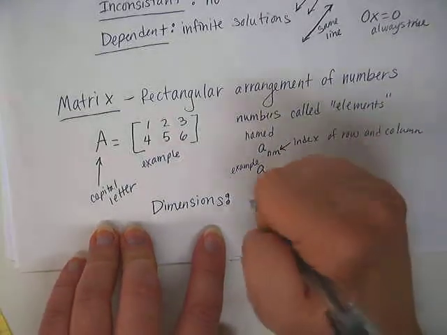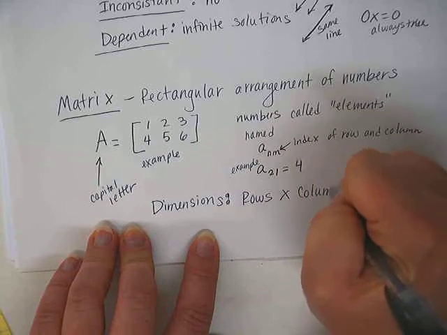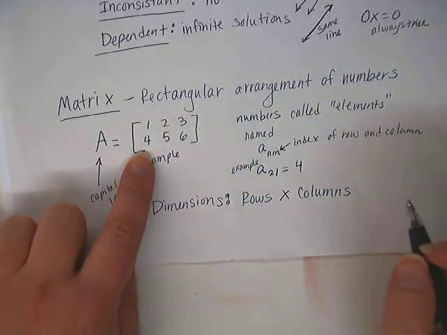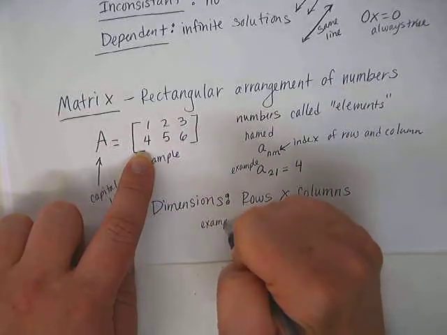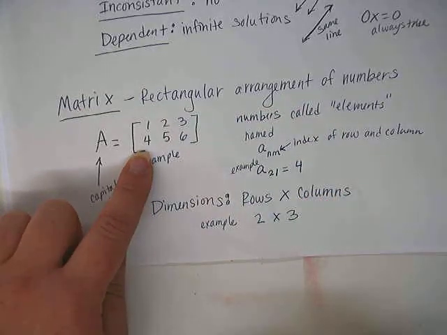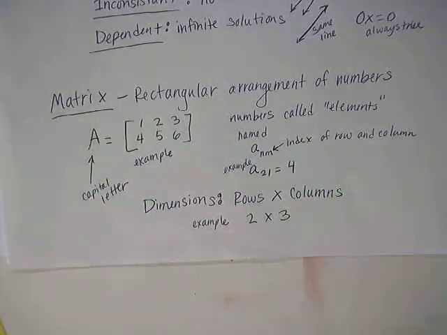And then the next thing that's going to come out important within the next few days is the dimensions of a matrix. When it asks you for the dimensions of a matrix, it is the rows by the columns. You always do number of rows first and then number of columns. So what would the dimensions of this particular matrix be? This particular matrix is a 2 by 3. Okay? So yes, you've kind of learned about that stuff before a little bit?